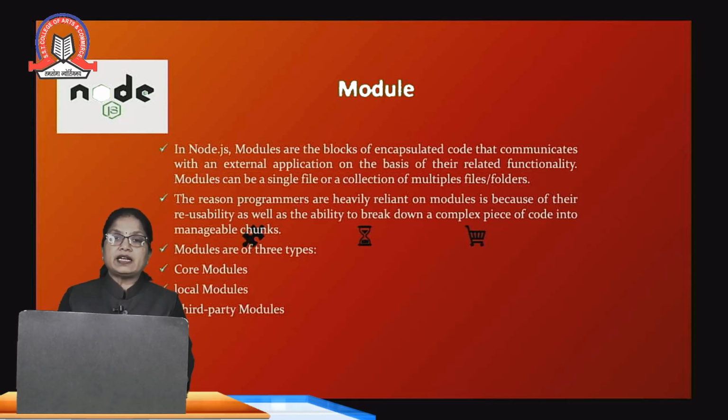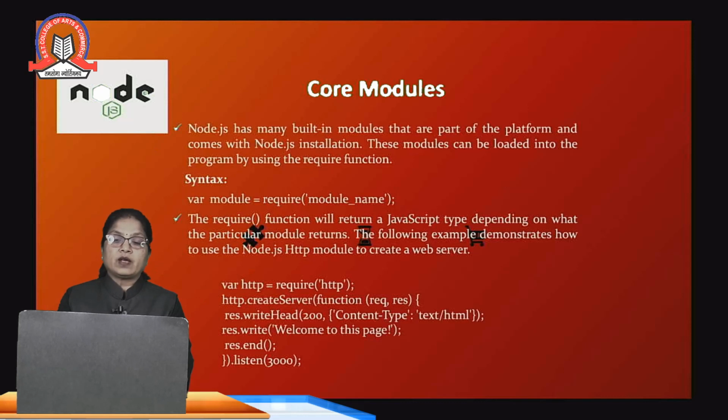There are three types of modules: core modules, local modules, and third-party modules. Core modules. Node has many built-in modules that are part of the platform and come with a Node.js installation. These modules can be loaded into the program by using the require function.